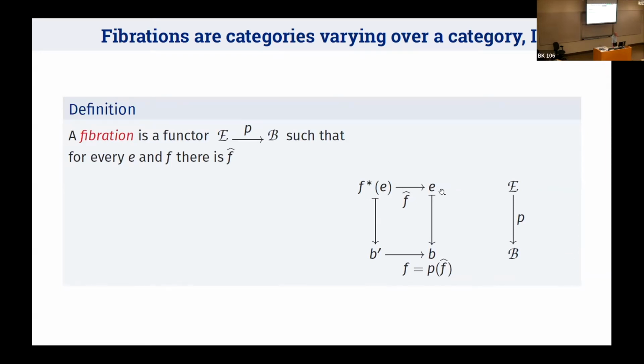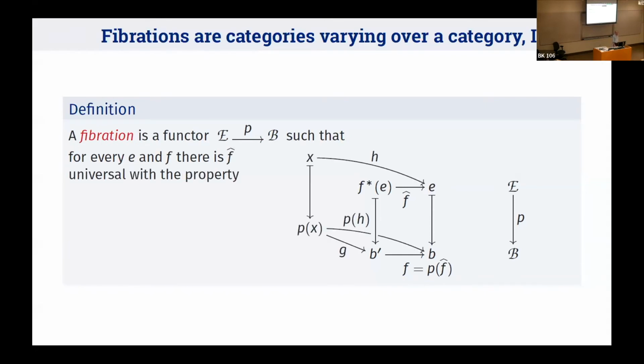There is an arrow in the upper category, which is mapped by the functor down to F, and this is universal with that property. So any other time I can find an arrow in the base which is P of an arrow above with an object that maps into E, this must come from a unique composite from the original arrow.